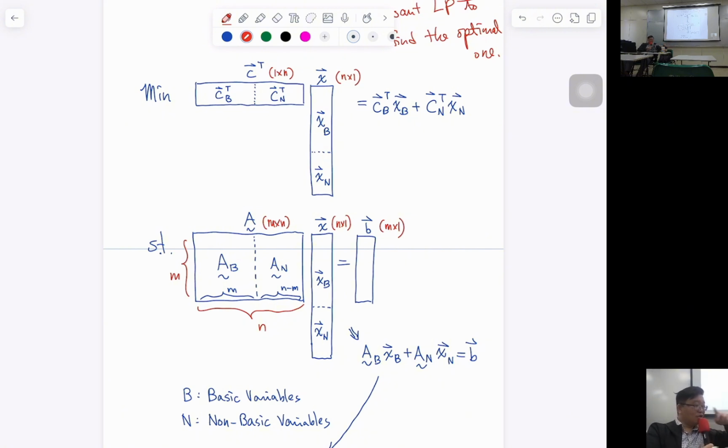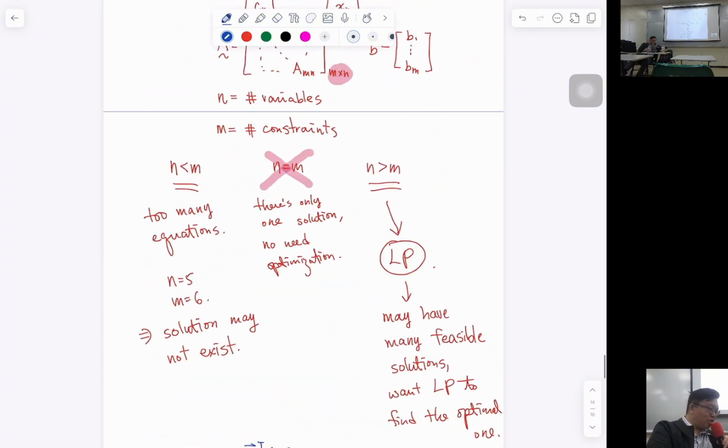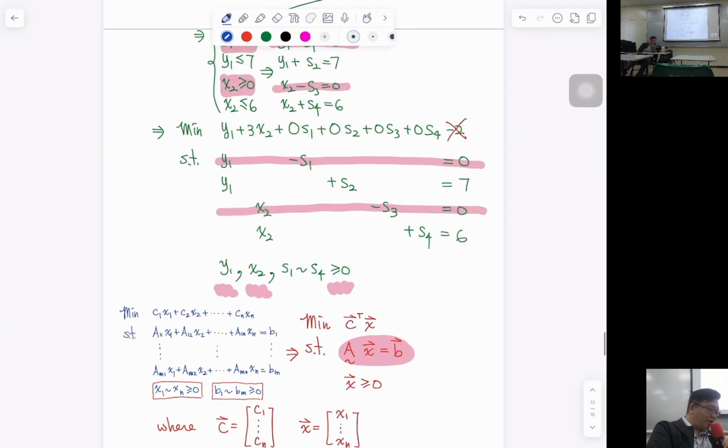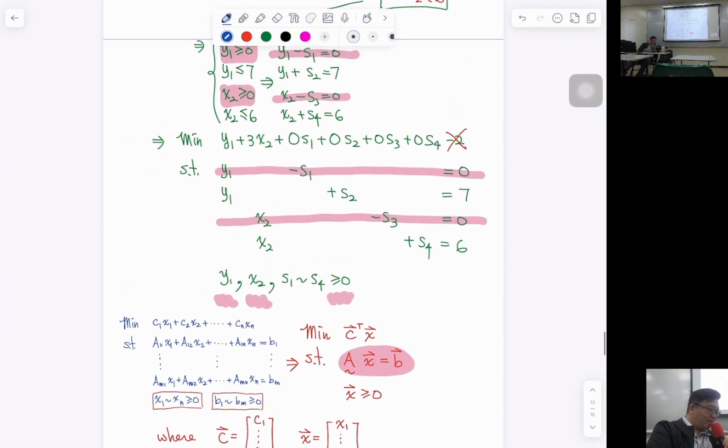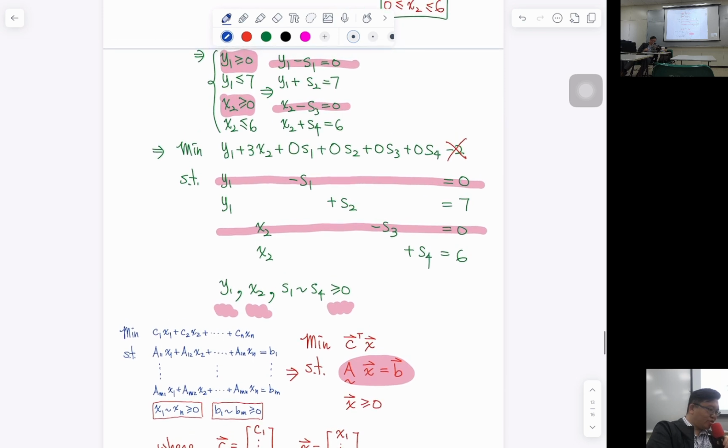Later on, we may not separate them just this way. We can separate them in a different way. What do you mean by that? Let me quickly explain here, in this particular case, just for you to quickly understand.